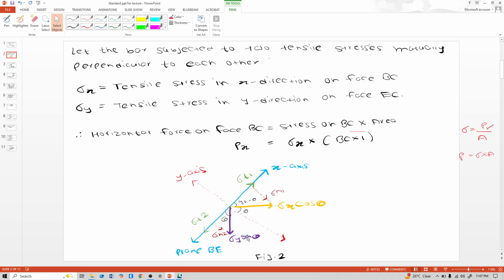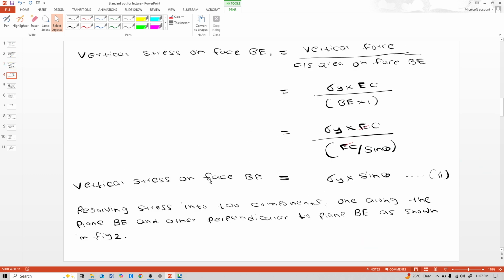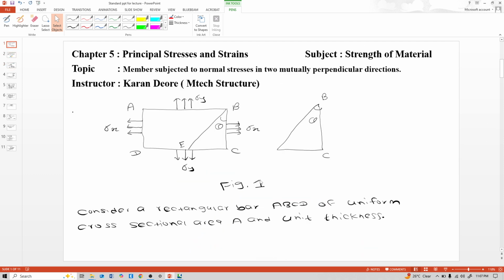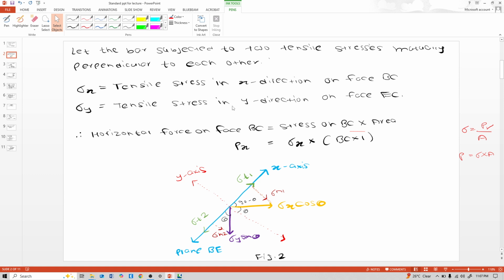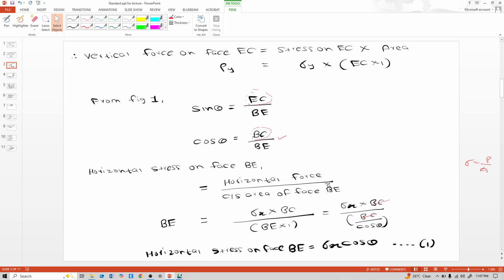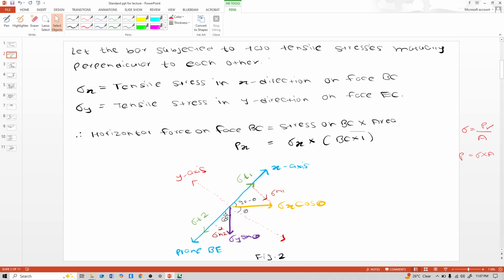Sigma x cos theta is the horizontal stress on face BE, and sigma y sin theta is the vertical stress on face BE. And we resolve these stresses in the x direction and y direction.